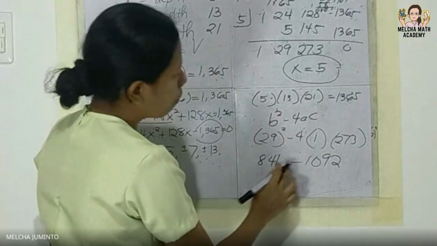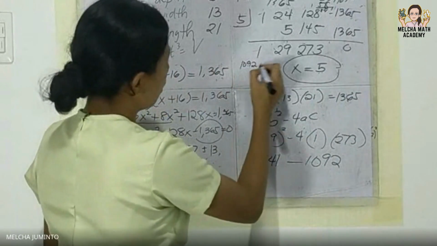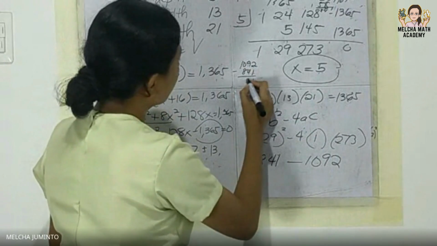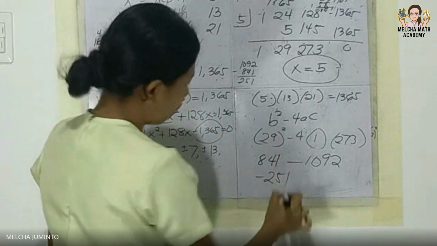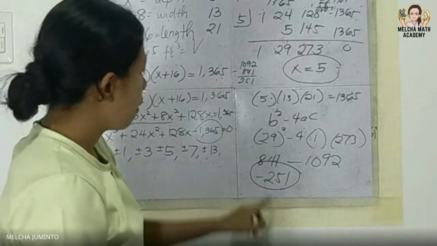So smaller minus bigger, it will give us a negative result. It will be a negative number, which is negative 251. Negative 251 is the discriminant.